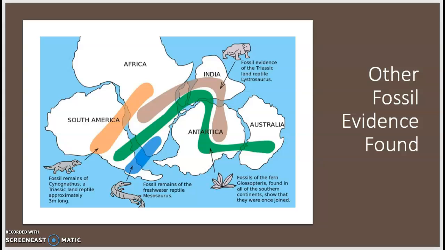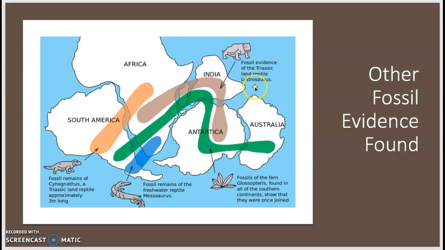Okay. I found this cool picture of other types of fossil evidence. You can see that they found the Cynognathus that was in our puzzle pieces across South America and Africa. This is the Mesosaurus. He was also in the puzzle piece. There's your Glossopteris, the fern that stretched through all of those continents.